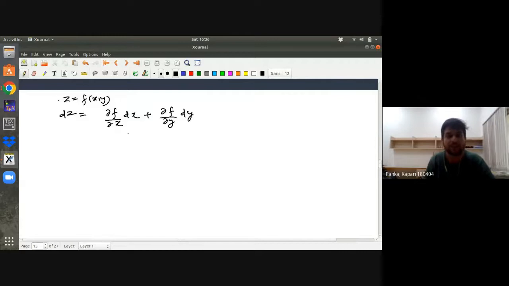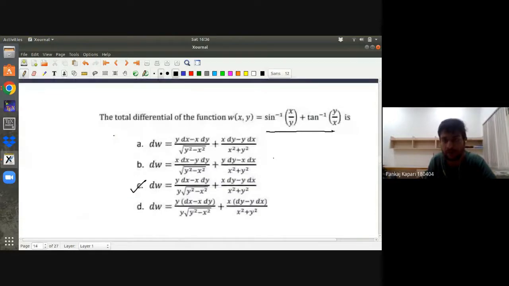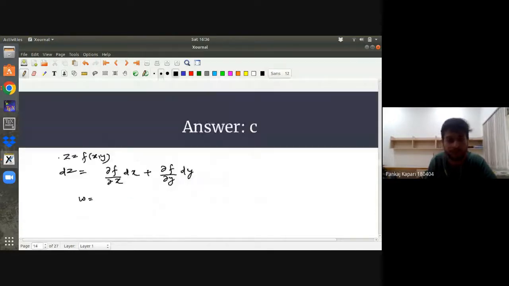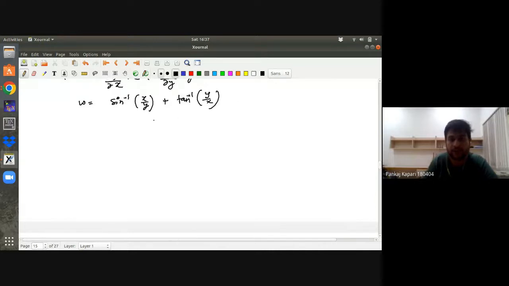In our problem, w is a function of x and y: w equals sine inverse of x over y plus tan inverse of y over x. For this we have to find the total differential, that is, dw.